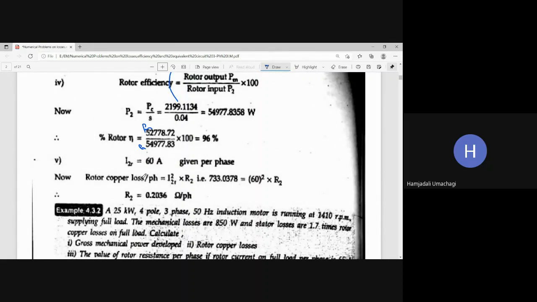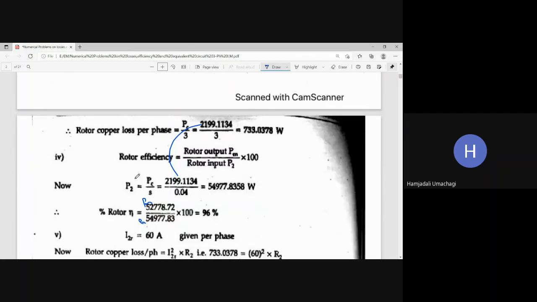Now the rotor copper loss per phase is I2R whole square into R2. I2R during running condition is 60, squared, into R2, which we should calculate. The rotor copper loss per phase is 733.0378.